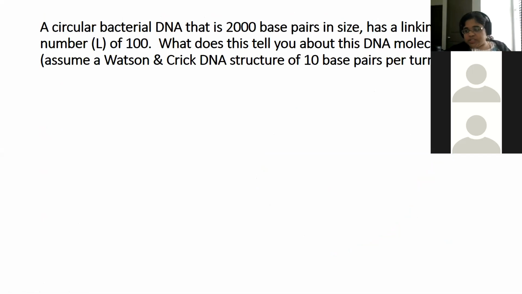So I had a couple of students ask me for examples on linking numbers, supercoiling, and all that, so I'm gonna have a couple of questions here. A circular bacterial DNA that is 2,000 base pairs in size has a linking number L of 100. What does this tell you about the DNA molecule? Assume that this molecule is a Watson and Crick DNA structure of 10 base pairs per turn.